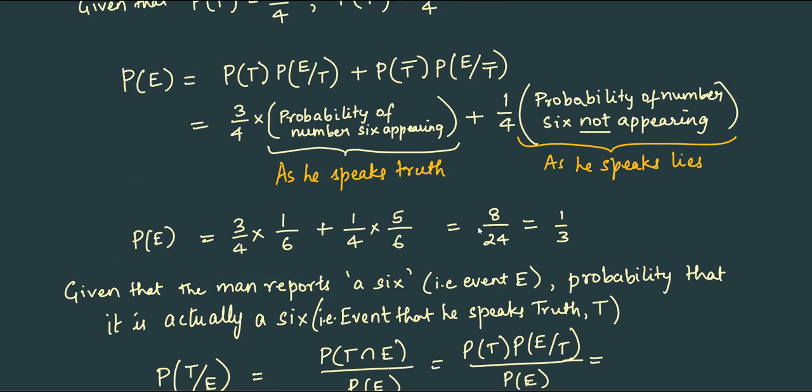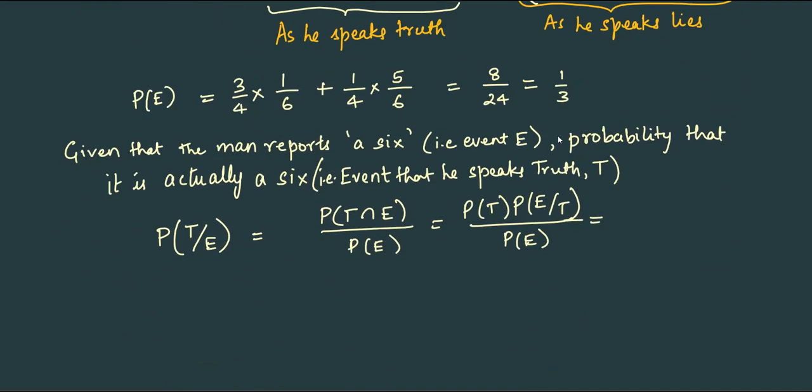So it is just this: 3 by 4 into 1 by 6, upon, we can keep it as, 8 by 24. The 6 fours cancel. You get 3 upon 8. So the required answer is 3 upon 8.